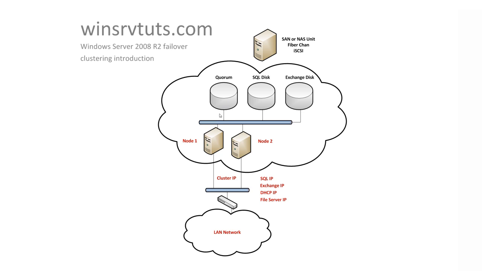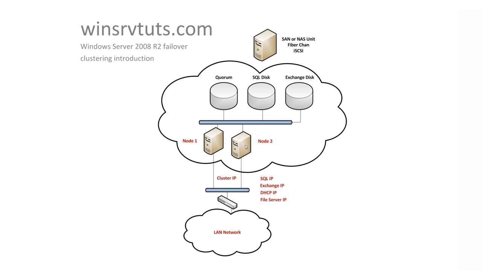Quorum is very, very important. And whether the cluster should operate or not will be decided on the cluster itself coming to a quorum. What that means, in our situation, is we're going to be having node and disk majority clustering. So if node 1 is up and the disk is up, the cluster can function.